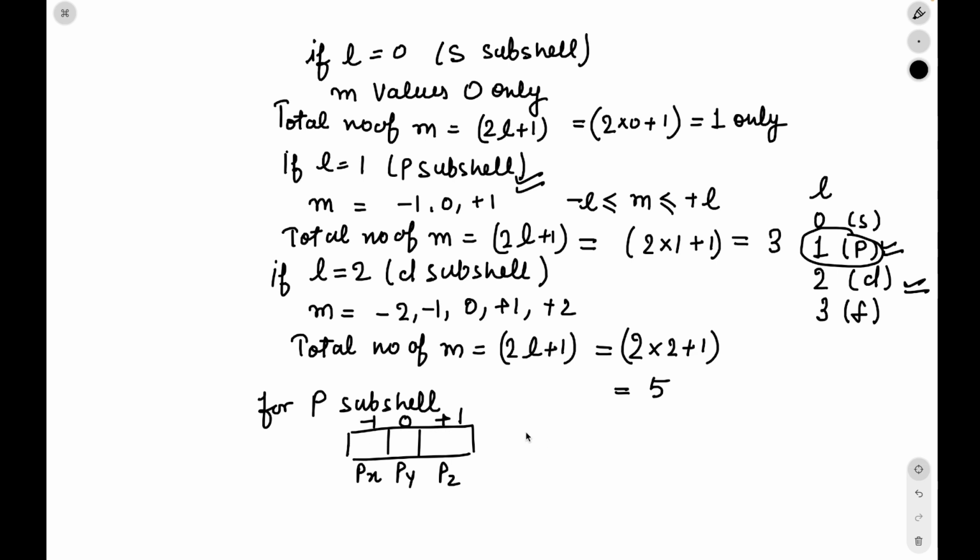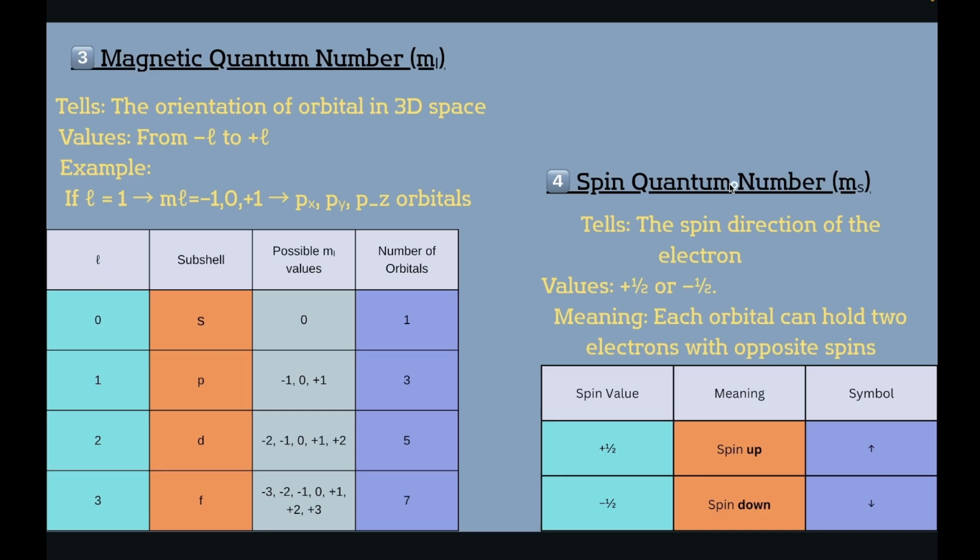So for P subshell, M is indicated like -1, 0, +1. And total number of M can be calculated by using this formula 2L plus 1. So there are total 3 orbitals in P subshell.